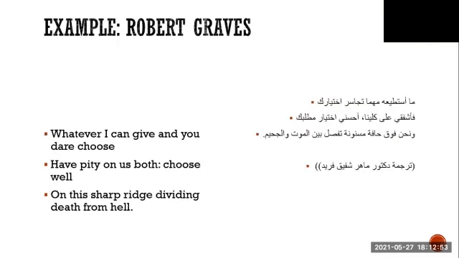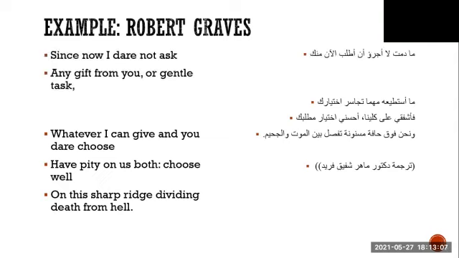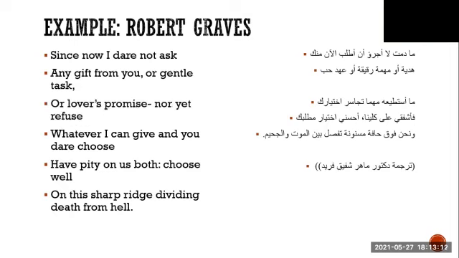Now, here is an example. I believe a poem is the best example to explain expressive texts. Okay. On the left side, you have the original poem, the original text, and on the right side, you have the translation in Arabic by Dr. Maher Shafiq Farid.